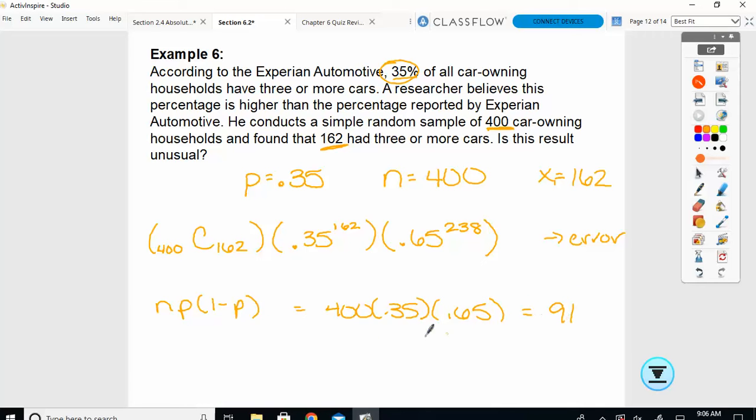And I get 91. That's bigger than 10, which means this data is bell-shaped. And we could use the empirical rule.